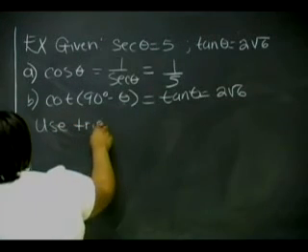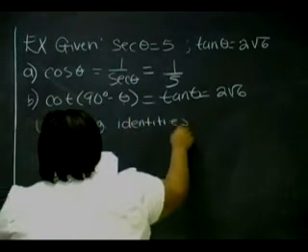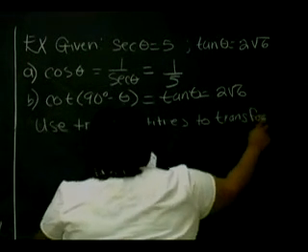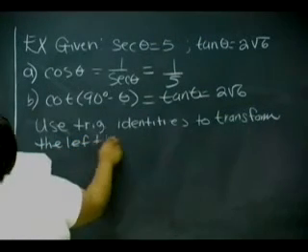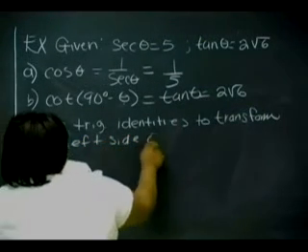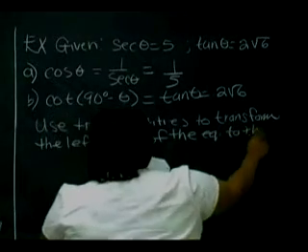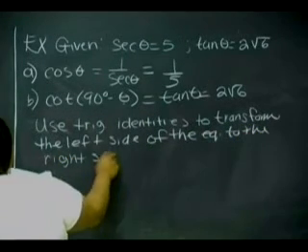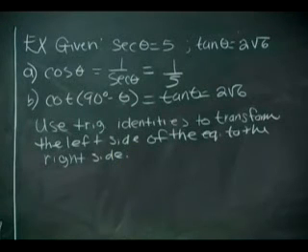So we want to use trigonometric identities to transform the left side of the equation to the right side. Or you can do vice versa. You can transform the right side to look like the left side.